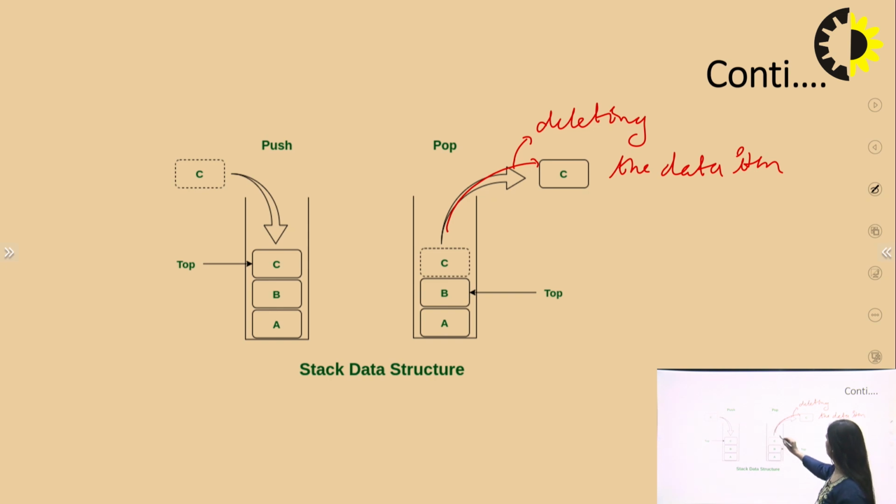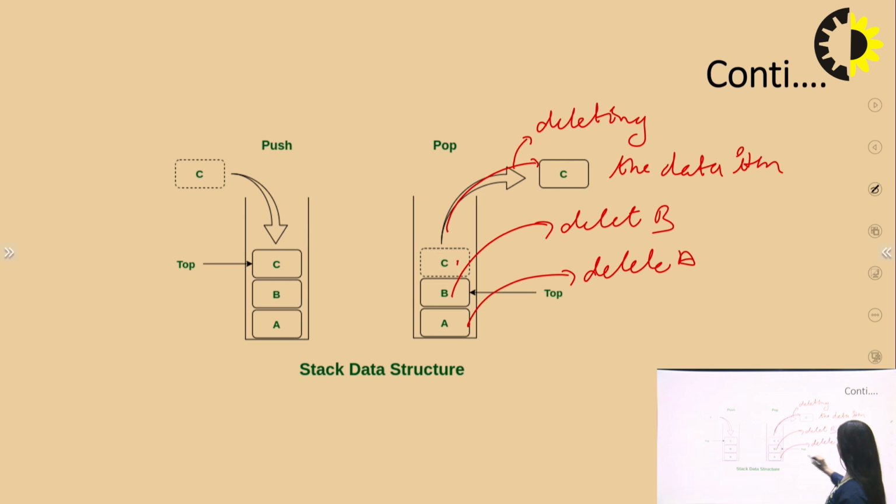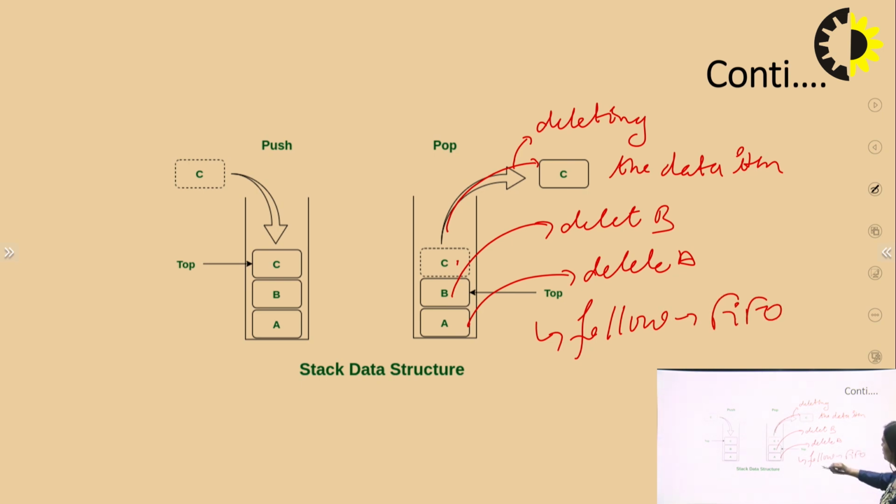Here A, B, C. Now C, after that element B is deleted, and then A is deleted. It follows LIFO. It means whatever element is inserted first, inserted last, then deleted first.